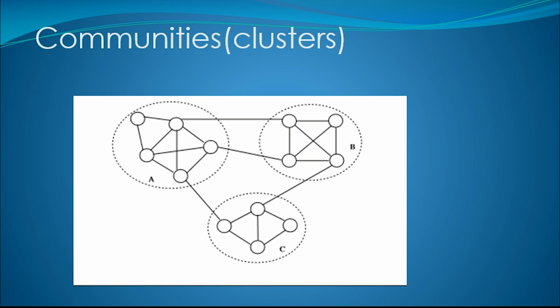The idea is there should be more edges between members than from here to here, here to here. So there are links, but from here there are no links. So in network science, there are well-known strategies to identify communities. Communities can be identified using methods from network science.